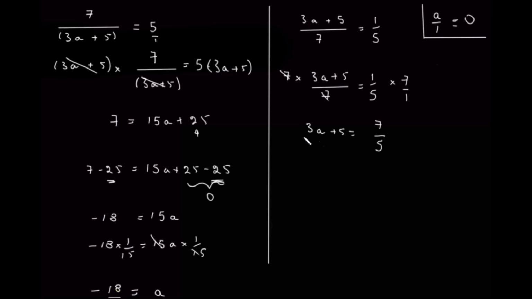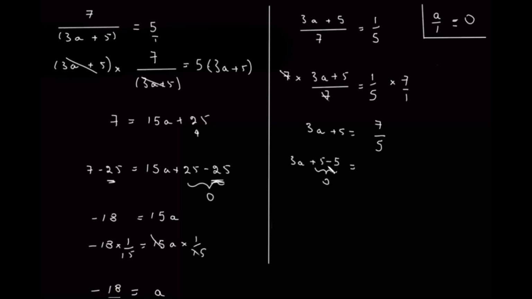Now we've got our group here. Within that is another group, it's the bit with the A. So we need to get rid of the part that does not have A in it. We need to get rid of the 5. For add or subtract, change it to 0. So what we do is we go 3A plus 5 minus 5. That then becomes 0.